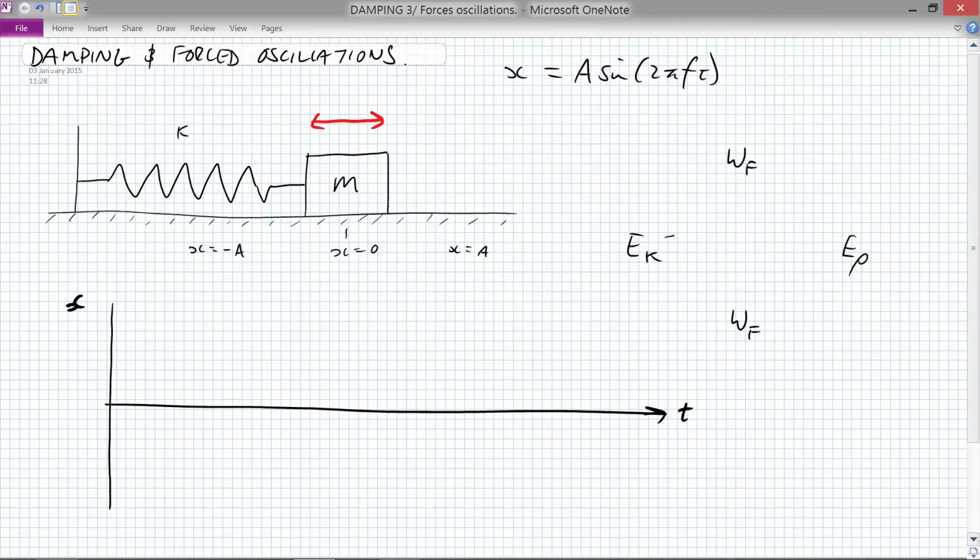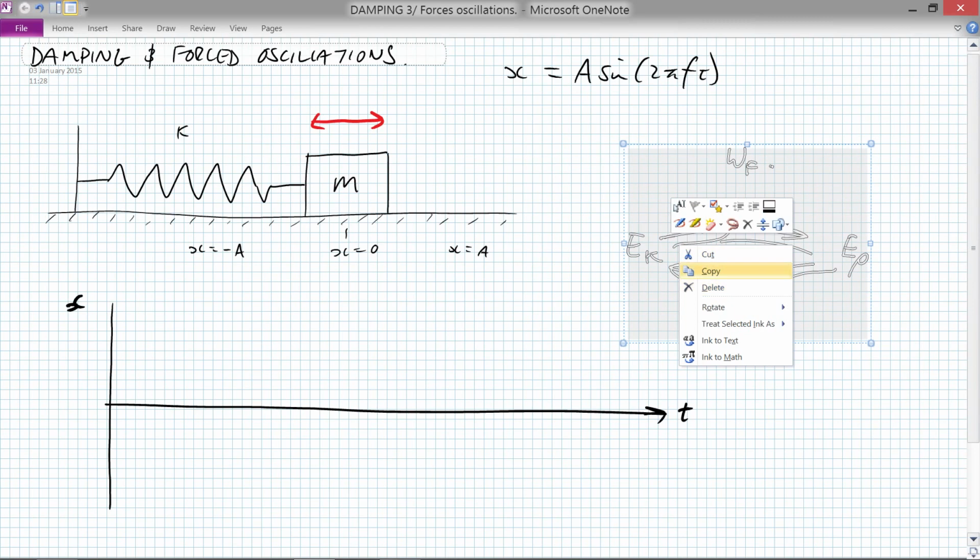Here's my work done to friction. As my EK is going across, some of it's going to be lost here, and as it comes back, some of it's going to be lost there. As this goes round and round, this is going to continually happen until we reach zero energy, and all of our energy is in work done against friction.